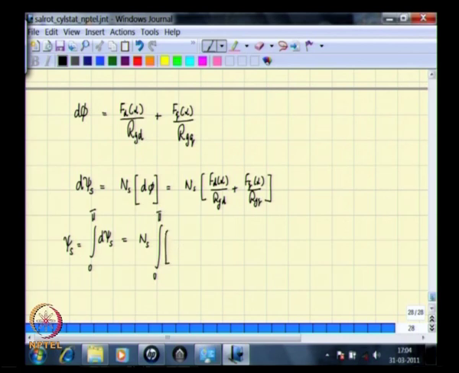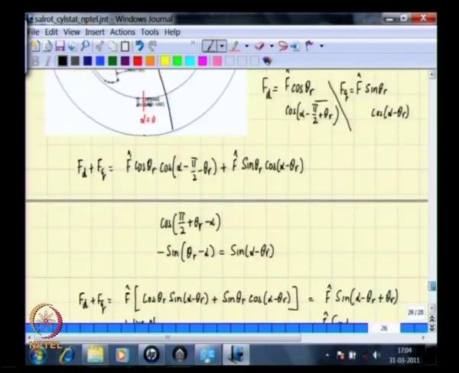Fd of alpha we can get from our earlier expression. So Fd of alpha is f hat cos theta r multiplied by this. We have reduced that to sine of alpha minus theta r.